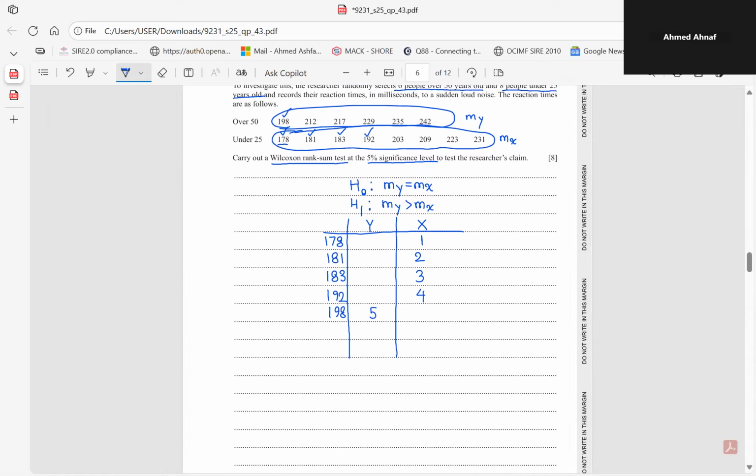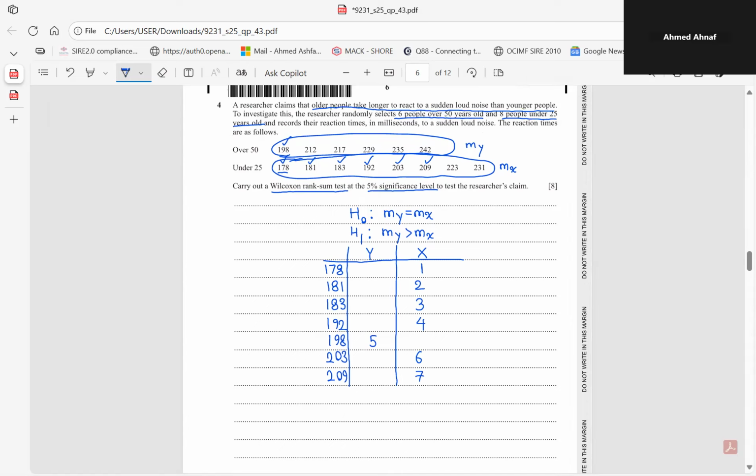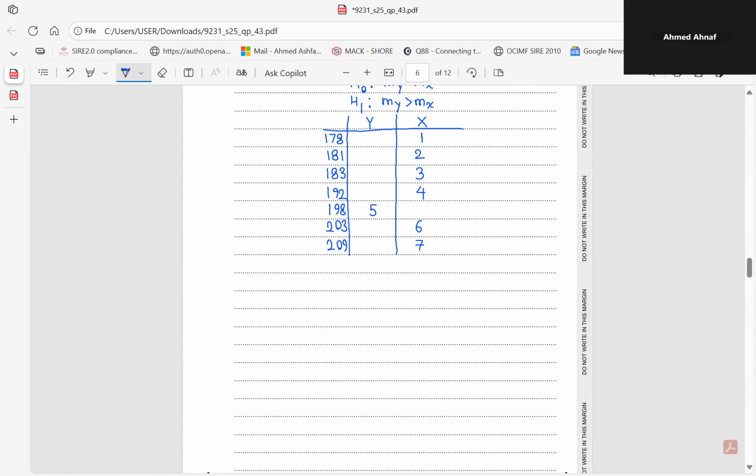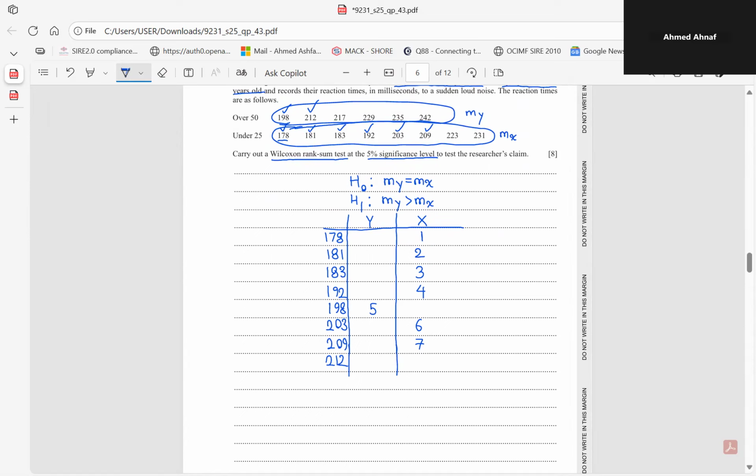That's 5. 203 is from here, so 6. 209 is 7. 212 is from over 50, so this is 8.